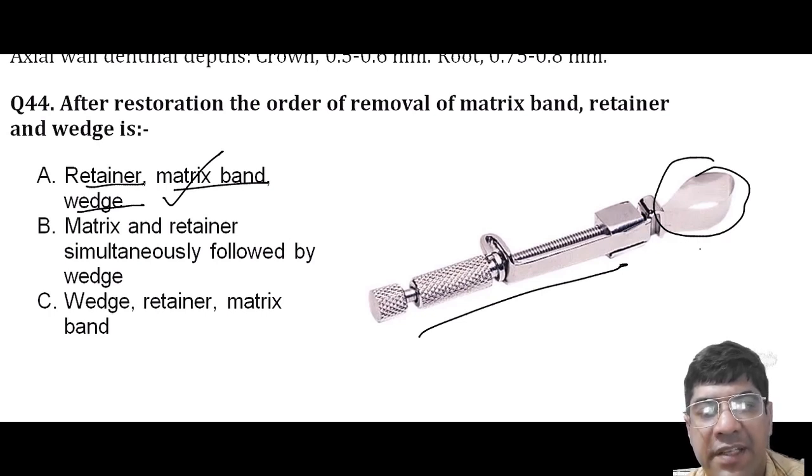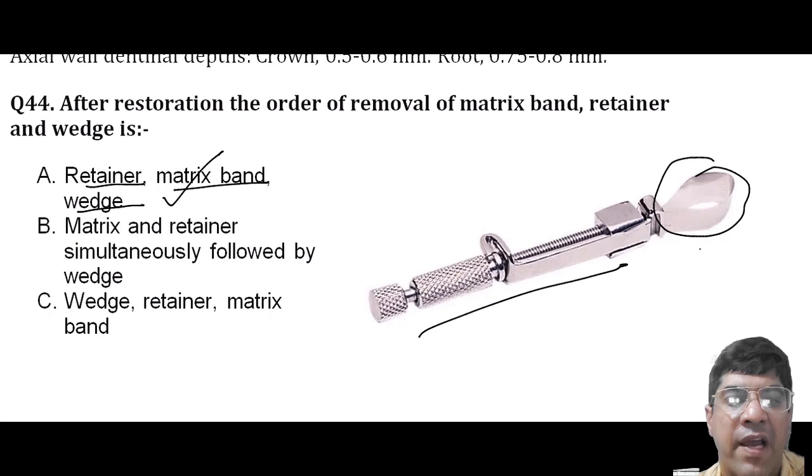Then remove the matrix band. With the retainer removed and the matrix stabilized, gently slide each end of the matrix band in an oblique direction and move it in an occlusal direction. This technique minimizes the risk of fracturing the marginal ridge while dislodging the band.